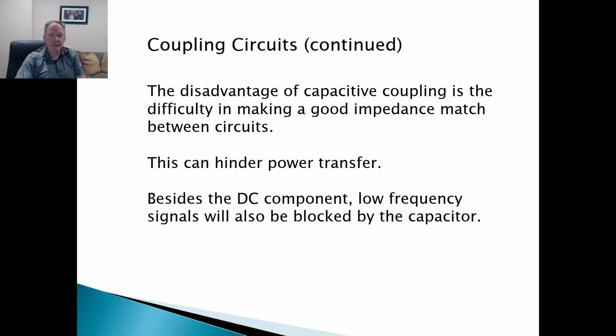All right. Now, the disadvantage of this is the difficulty in making good impedance match between circuits, and this can hinder power transfer. So besides the DC component, low frequency signals will also be blocked by the capacitor.